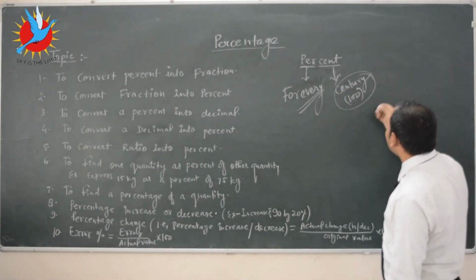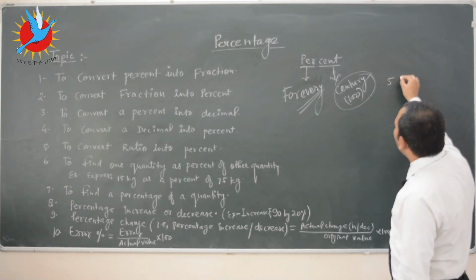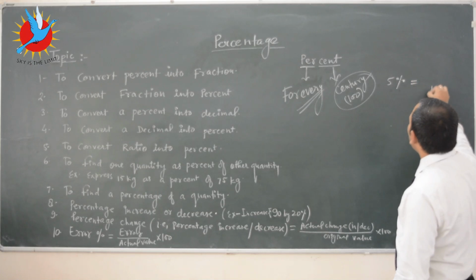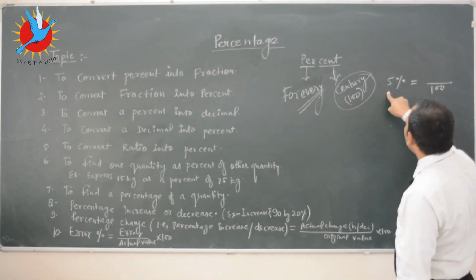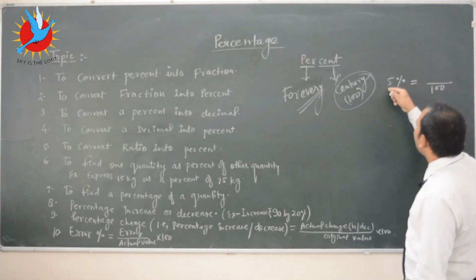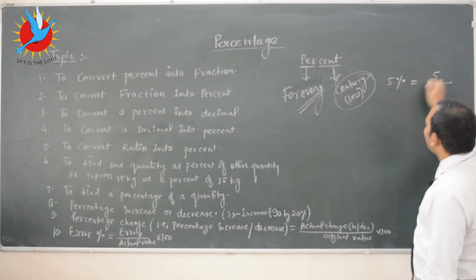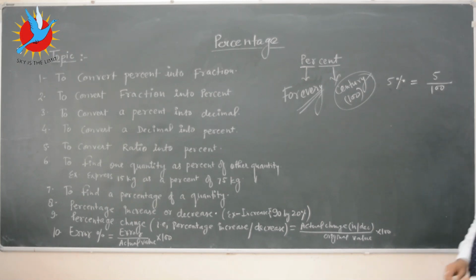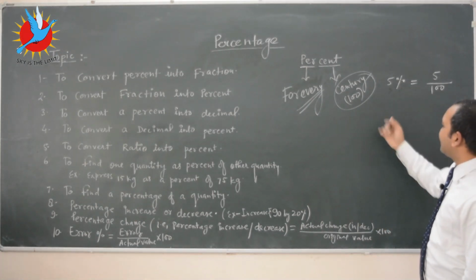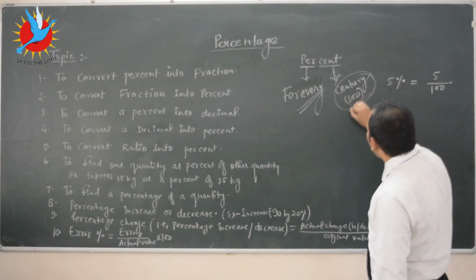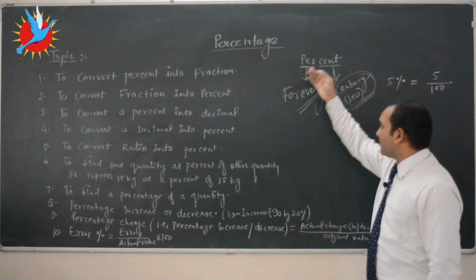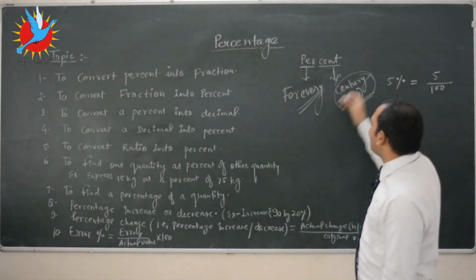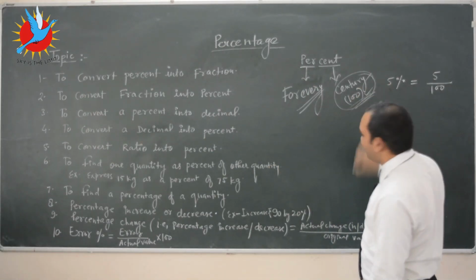For example, 5%. Percent means out of 100. Which number is out of 100? So 5. We write 5% means 5 out of 100.